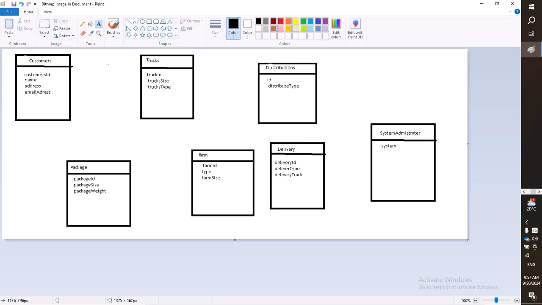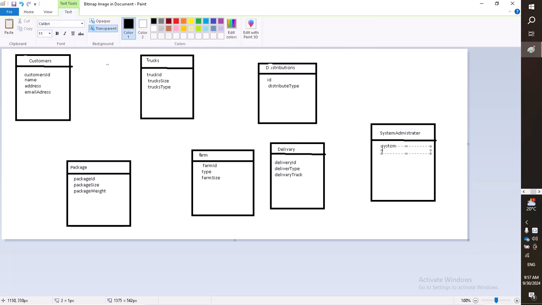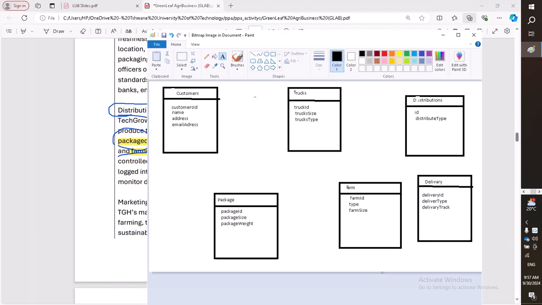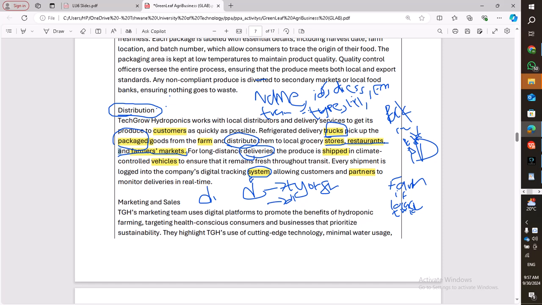Okay, also the system. Another thing, in the system, I should say system ID. What else in the system ID? What I can find by reading the scenario, say it's track. The system allows the customer and partners to monitor delivery.